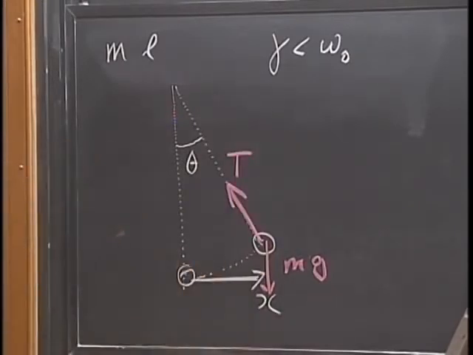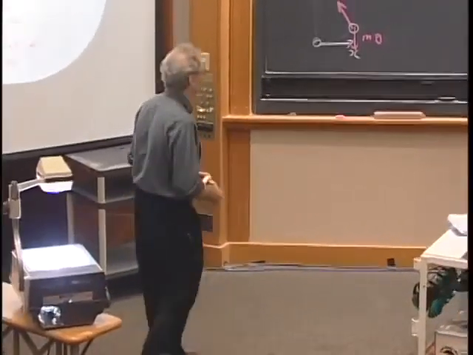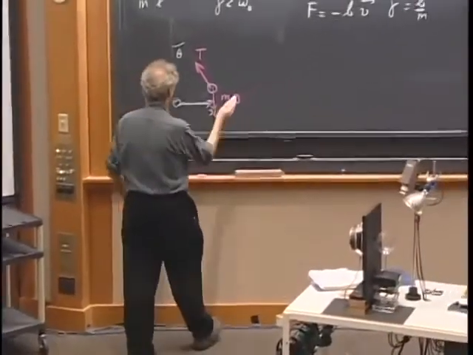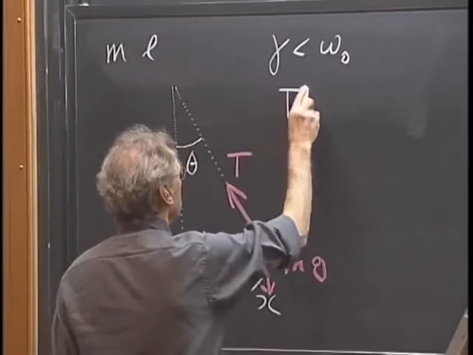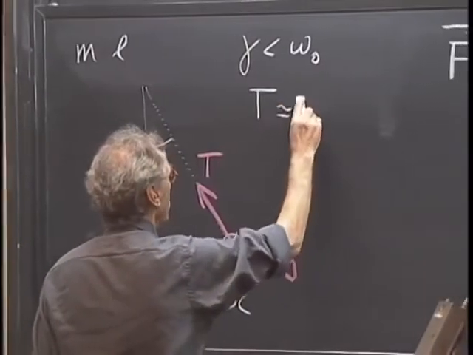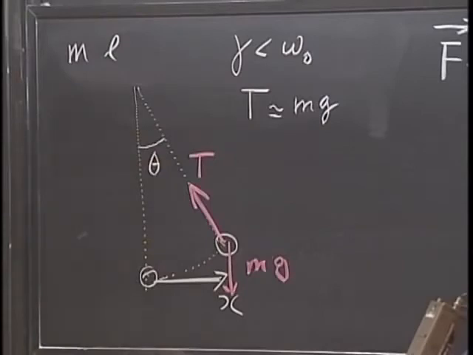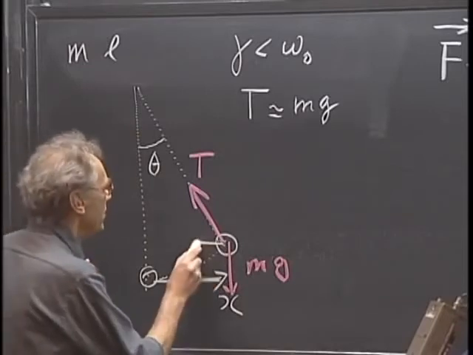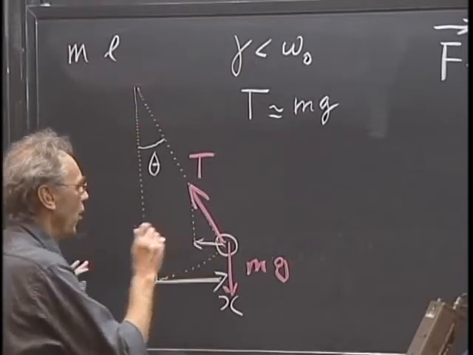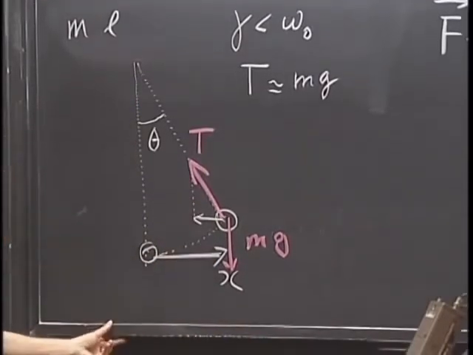Now, if we deal with small angles, as we have done before, more than once, then the tension T is very close to mg. So the only force that is driving it back to equilibrium, the only restoring force then, is the horizontal component of T. And so that is this horizontal component, that's the only one that we are concerned about.